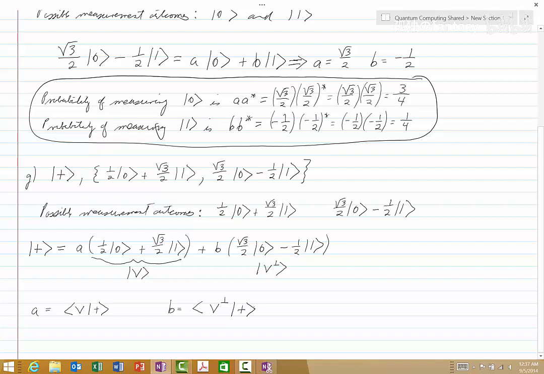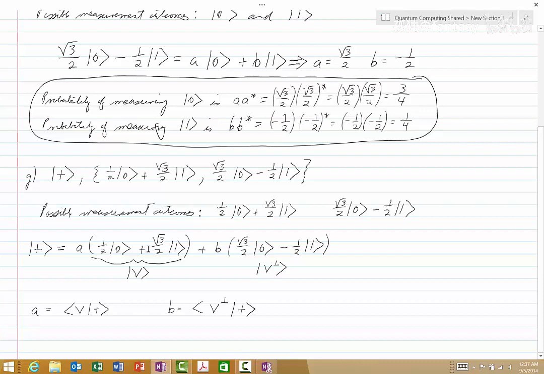And the way that you can see that is simply take the inner product here of each side of this equation with V. And so on the left-hand side, you'll get the inner product of V with the plus. And on the right-hand side, this will go away since V and V orthogonal are orthogonal.